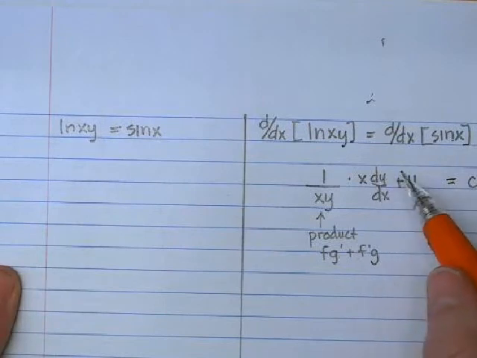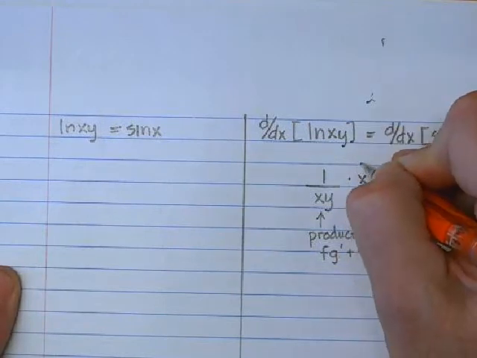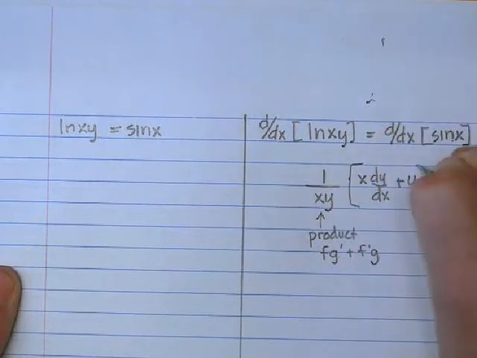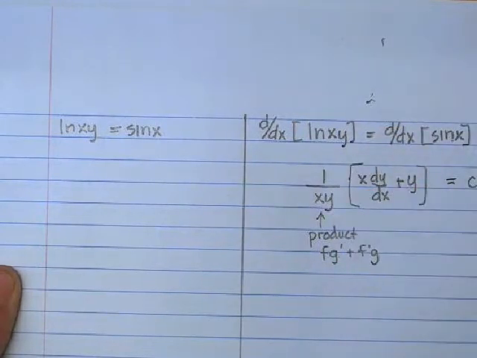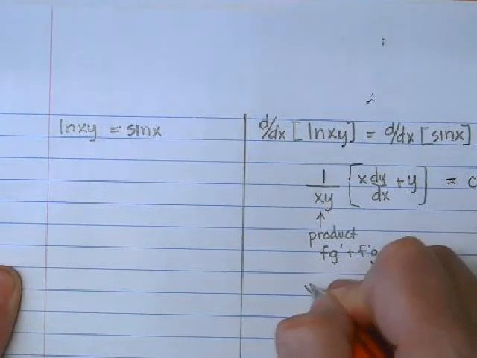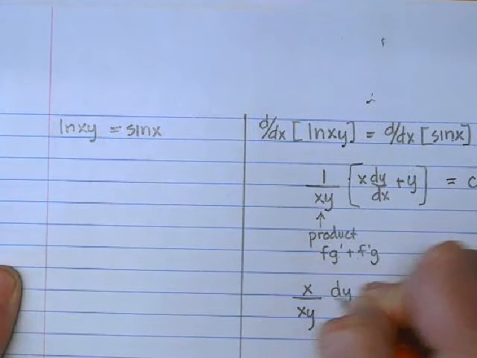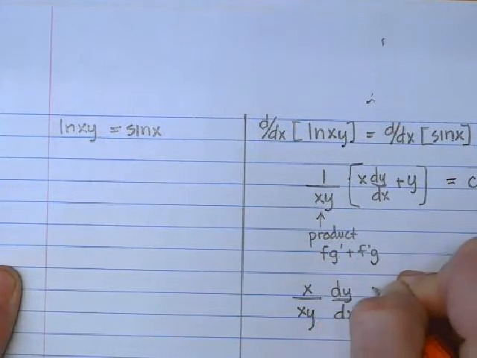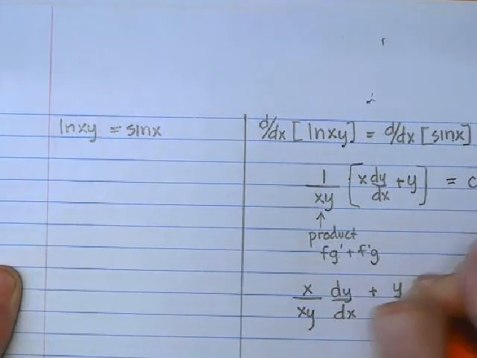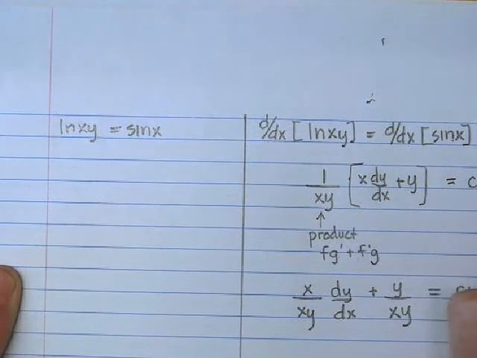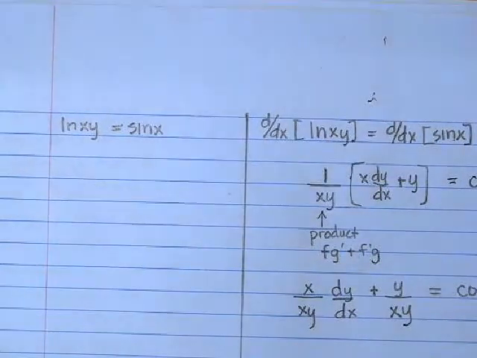So we have, oops, I should keep this in parentheses here. Okay, so we have x over xy dy/dx plus y over xy is the cosine of x.